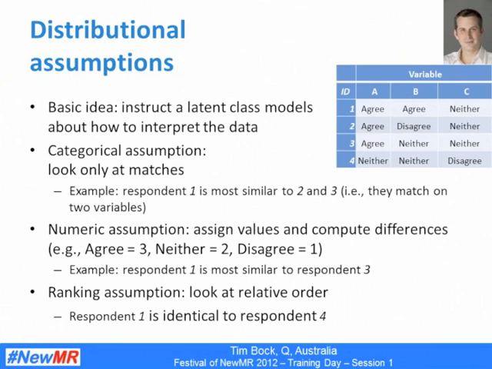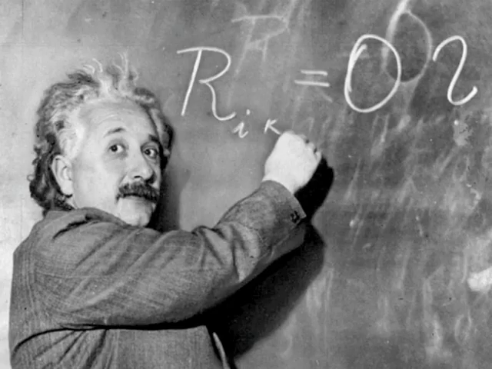That is, respondent 1 gave it a rating of agree for A and agree for B, whereas respondent 4 gave a rating of neither and neither. And the ratings they gave for A and B were both higher than the rating they gave for C, which was neither for respondent 1 and disagree for respondent 4. And so you can see that we can make different assumptions about what the data means, and they're non-trivially different. They give different interpretations of the data, which we'll return to in a sec.